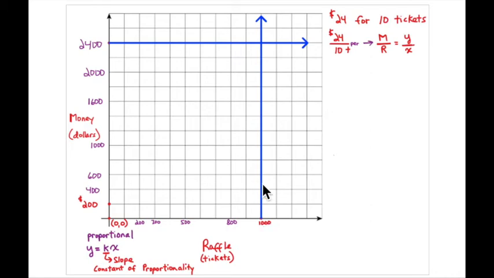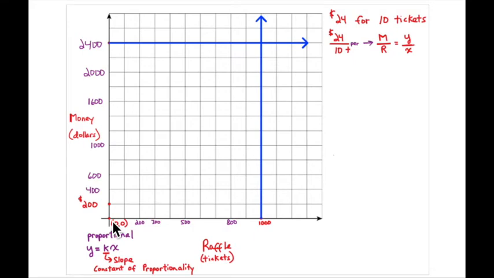So where those lines intersect, drawn from, actually you can call it a ray, arrow, where those rays intersect from 1,000 along the x-axis and 2,400 going along the y-axis, that's a point on the line. That's the relationship between the number of tickets sold and the amount of money that you make.